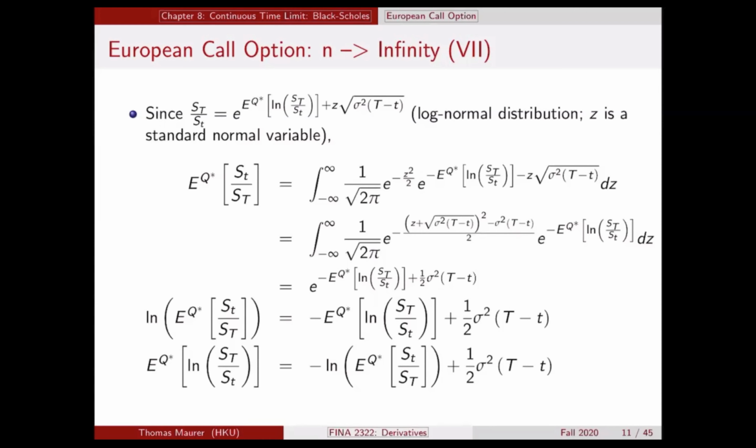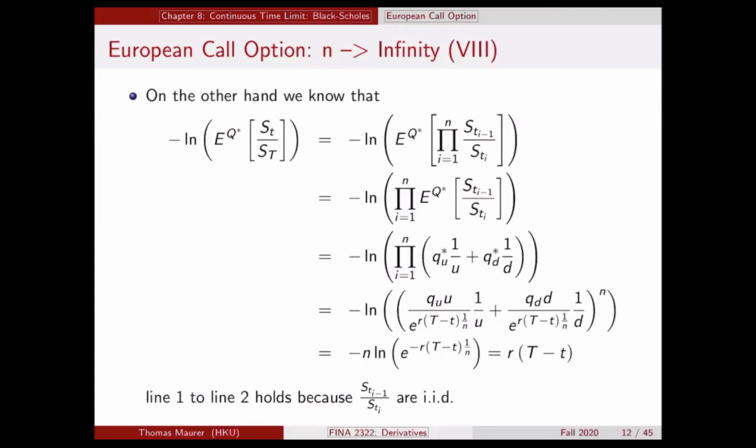Once we have the expected log return expressed in terms of the log of the expectation of that inverted gross return plus that 1/2 the variance, now we have to figure out what this expectation of that inverted gross return is. And that's what we're going to do here in the next slide.